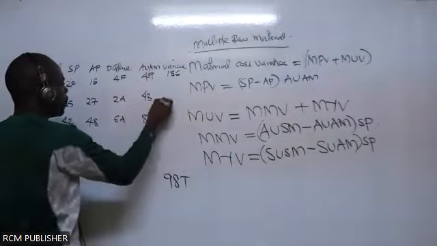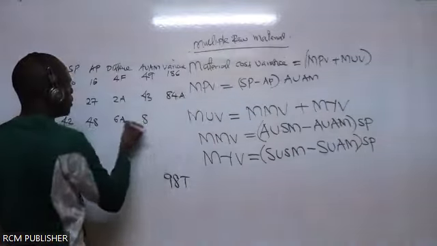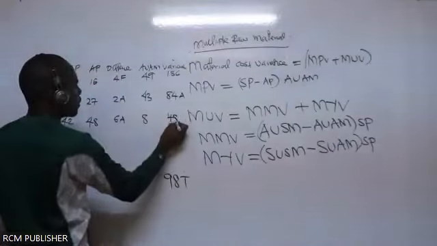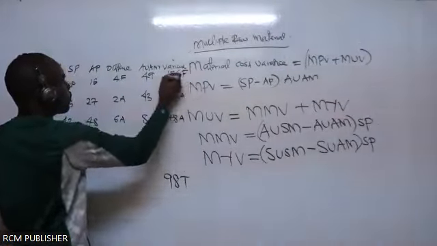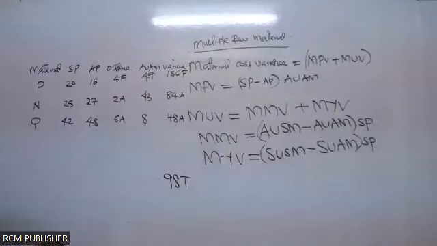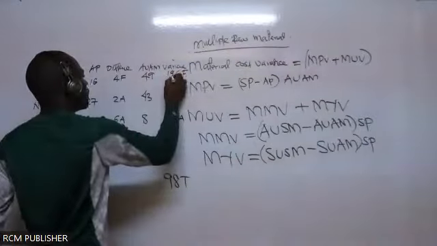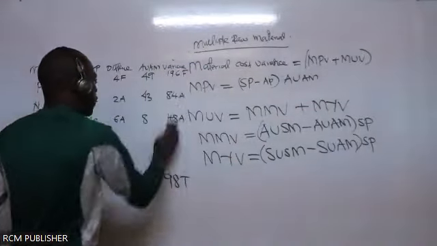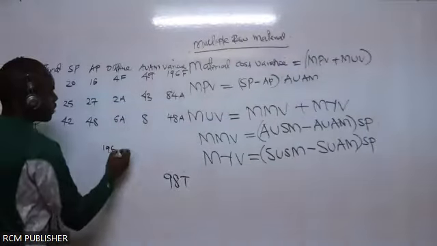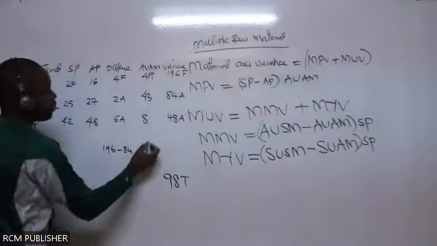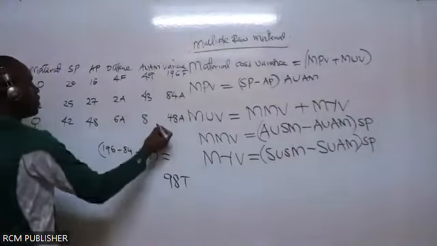This one will give me 84 adverse, this one 48 adverse, and this one is favorable. It is 196. Favorable is positive, so 196 minus 84 minus 48. That is what we are basically doing.